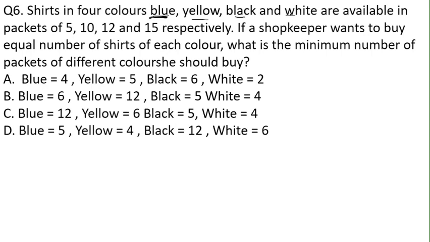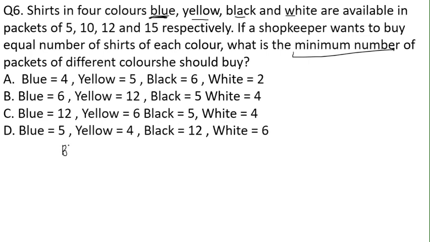Okay, so if we look at the question, we can clearly see that we have to find the minimum number. Just give me a minute. Okay, so I'll write over here.